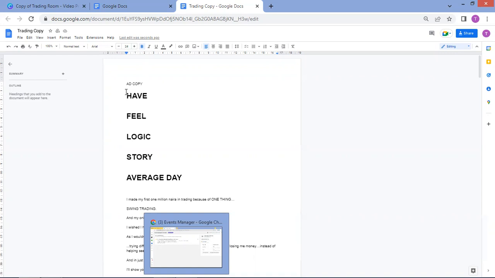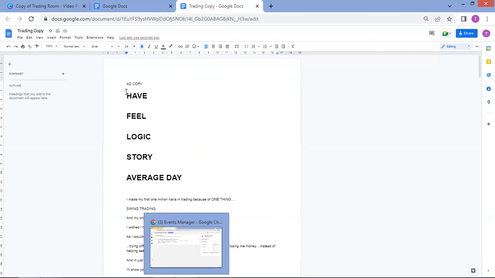This is what we call the have goal: what do they have currently that they're not happy about, and what would they like to have instead? If your audience is forex traders, these are people who want to stop losing their money in the market. They currently have losses. They currently have losing trades.